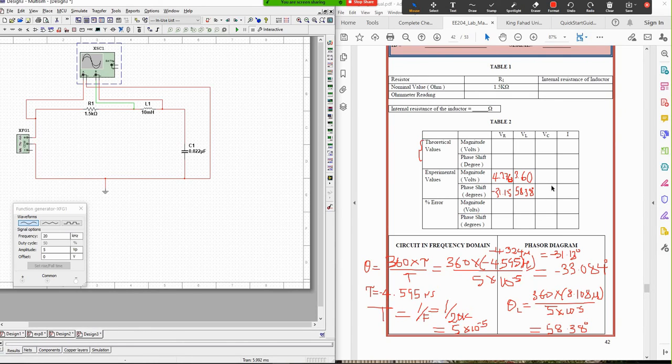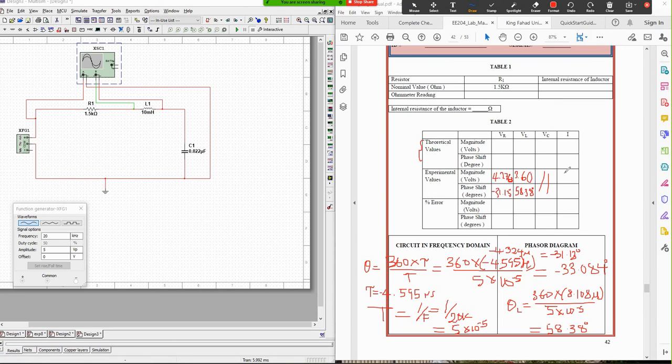Find also the magnitude the way we found it in the case of the resistor and inductor, and record it here. I will leave this one for you to do by yourself.